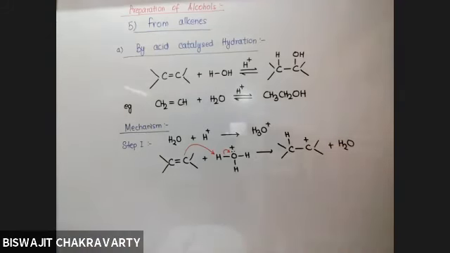So try to visualize each and every point. Again, I am repeating, the H plus given by the acid is taken away by the water, producing hydronium ion, and that hydronium ion actually supplies the H plus. And when it supplies the H plus around the C double bond C, one of the carbons will be taking the hydrogen and the other will be taking the positive charge.